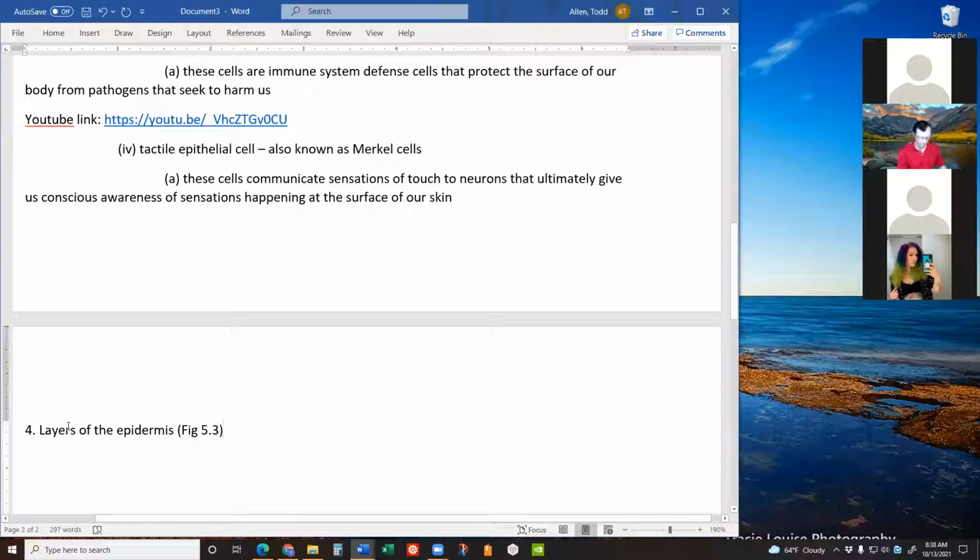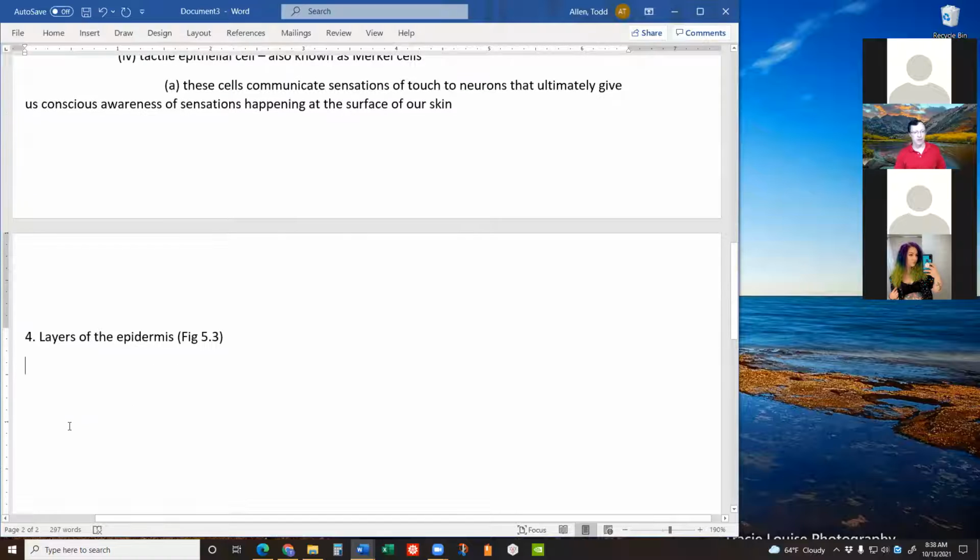So in terms of the epidermis, you're typically going to find 4 or 5 layers of epidermis. Some areas of skin will only have 4 layers, other areas of skin will have 5 layers, and the difference is the location of the skin of your body, whether that location is being exposed to abrasive forces that produce a lot of friction. Okay.